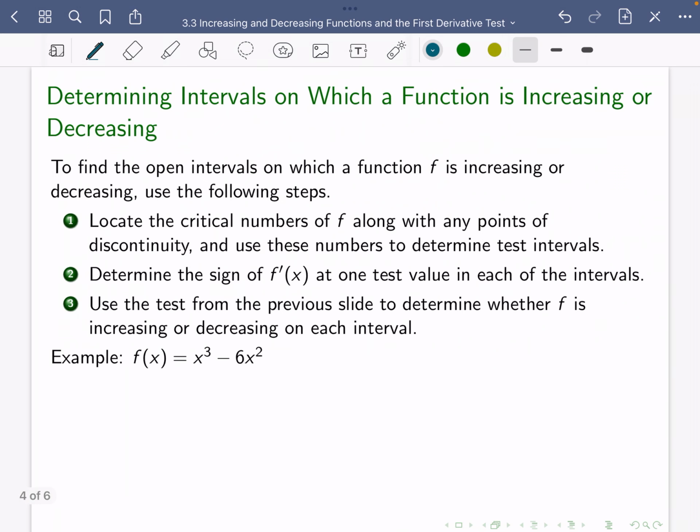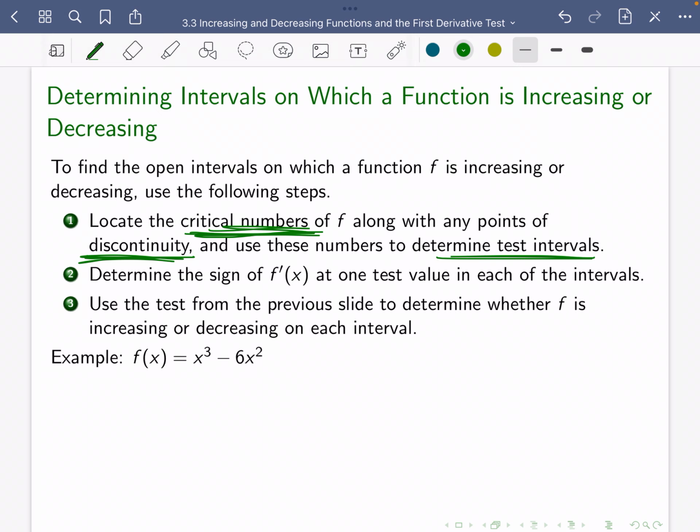So, to find the open intervals on which a function f is increasing or decreasing, we will use the following steps. Our first step is to find the critical numbers, also any points of discontinuity. All the critical numbers and all the points of discontinuity are going to help us determine some test intervals.